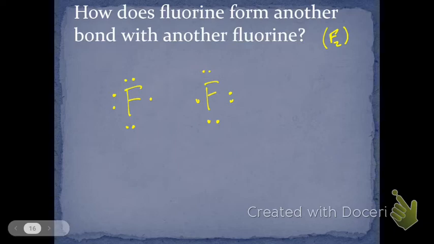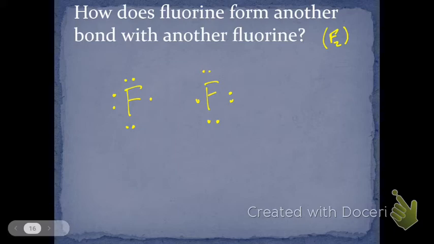But in this case, both of these fluorines are close to 8. So they both want to receive one electron, right? And the problem is if both want to receive and nobody's willing to give, you have to come up with another solution. And remember, we're doing this in order to get to a full octet, a stable place, which is 8 valence electrons.